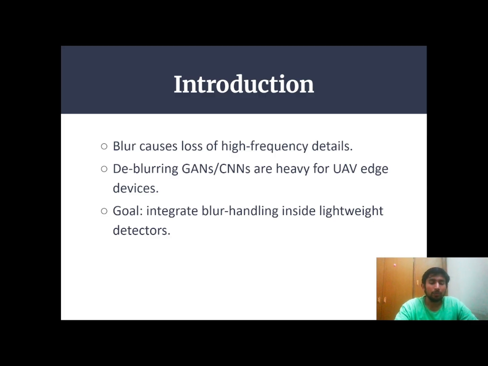Traditional approaches like pre-processing, deblurring GANs, or heavy usage of CNNs are too slow and computationally expensive for UAVs. So the goal of modern research is to directly integrate blur handling inside the detector instead of running a separate heavy deblurring module.